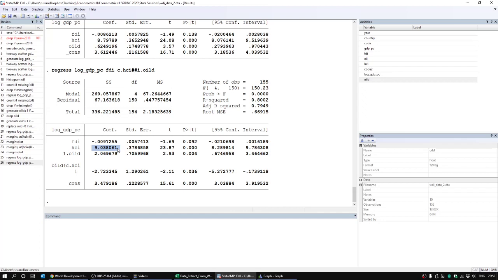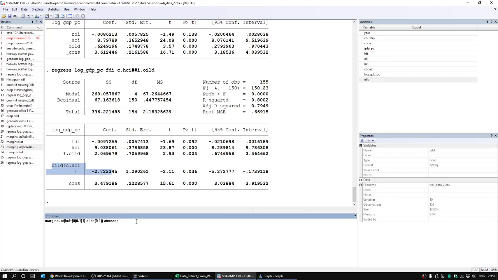But to obtain the effect for resource-rich countries, we have to sum these two, this one with this one. And since we have a negative coefficient here, the slope for resource-rich countries will be flatter. The effect will still be positive because this number is greater than this number, but the effect will be smaller for oil-rich countries.